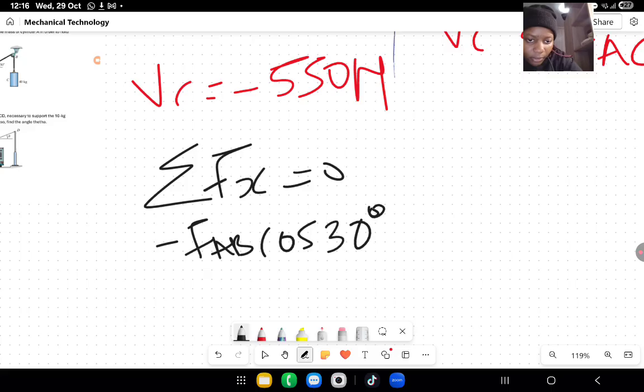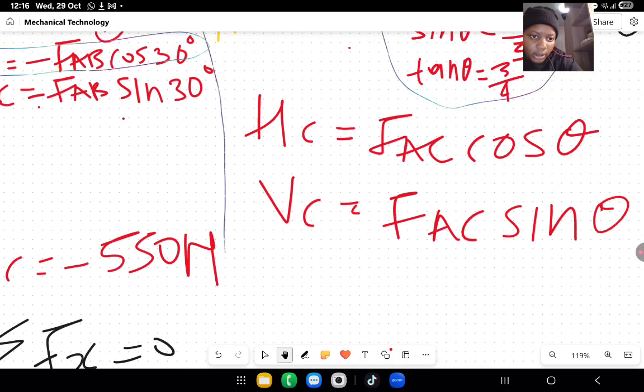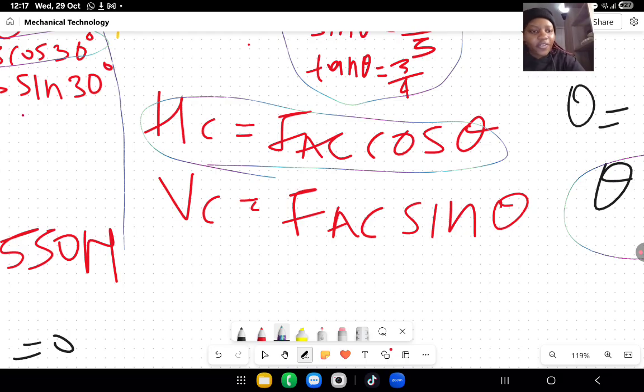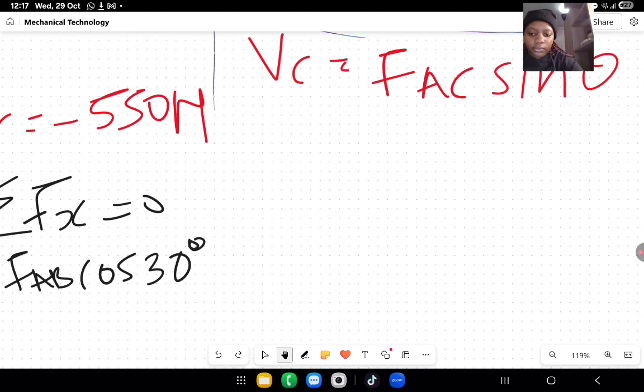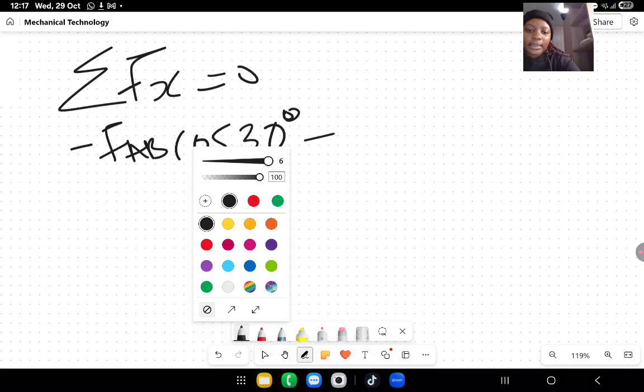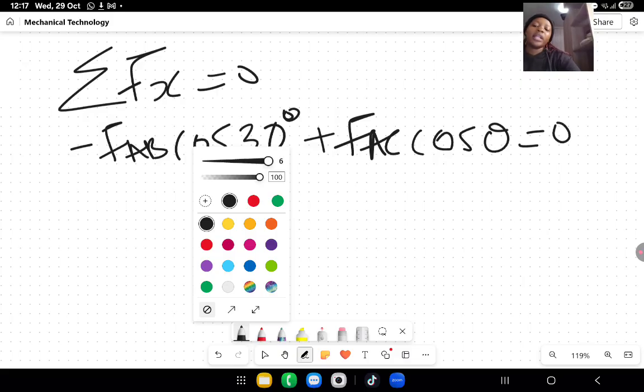Then we find another one, which is here: FAC cos theta. It is positive, so we will say plus FAC cos theta equals 0. This is our horizontal component.